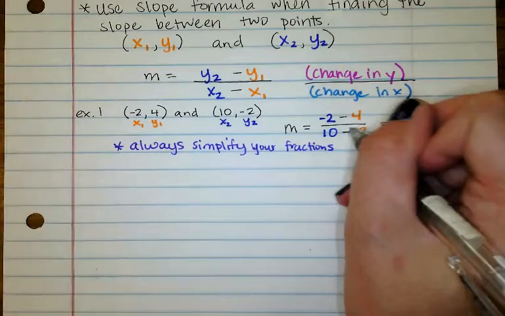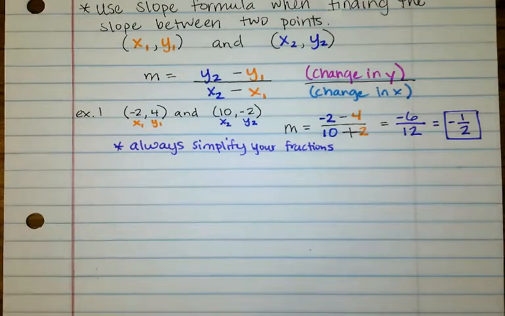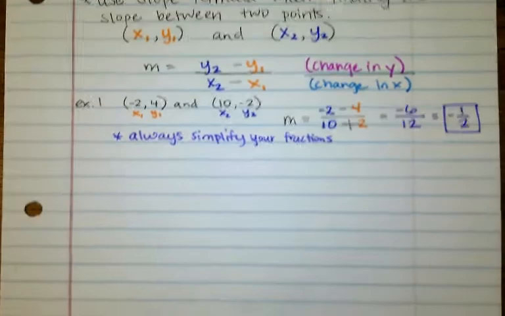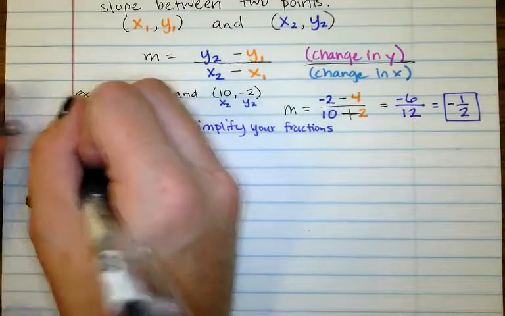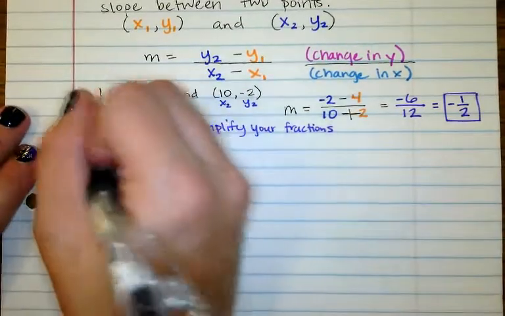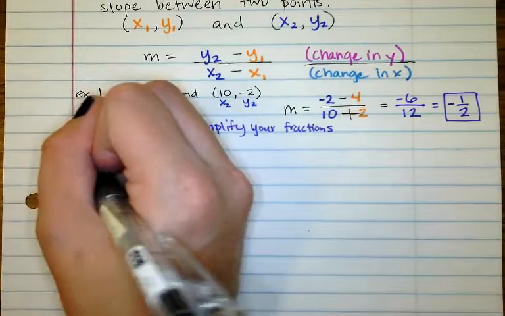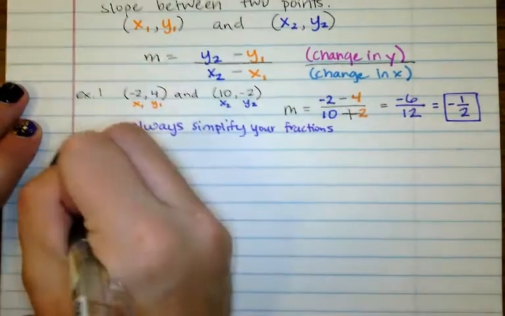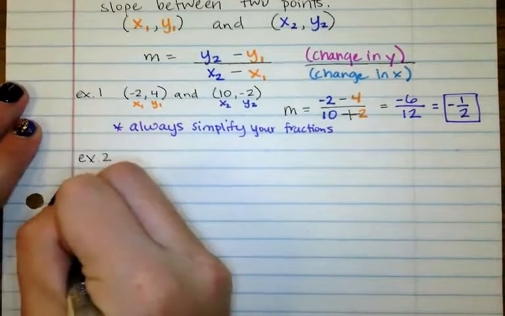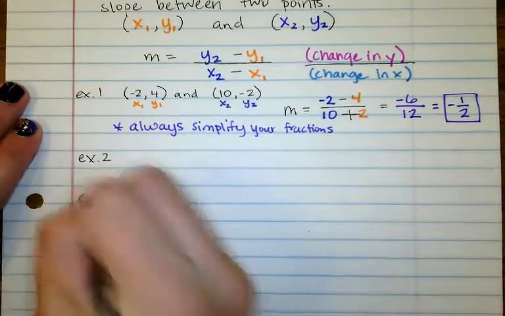Okay? So now, I'm going to give you guys a couple of minutes here. I'm going to write example 2, and then example 3, and then example 4. Okay? So let's take a look at these. I want you to find the slope between these 2 points.